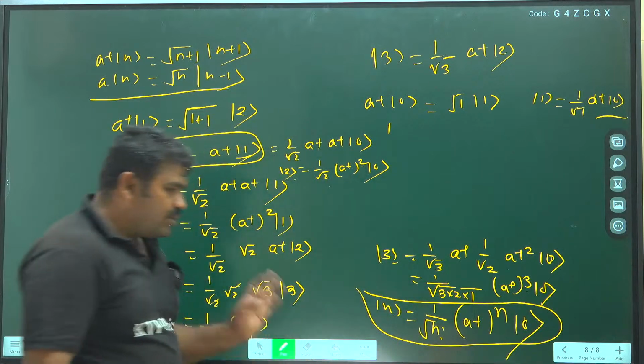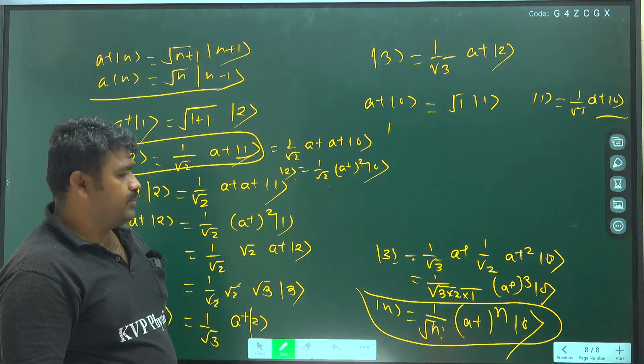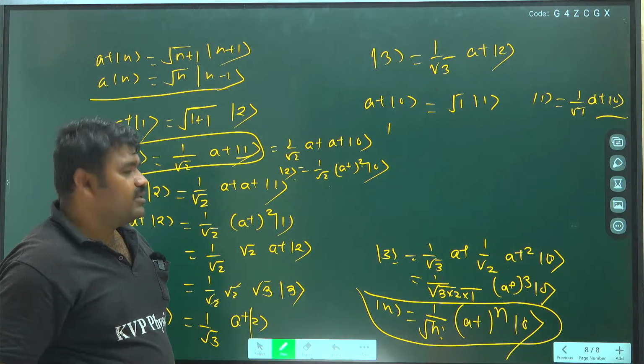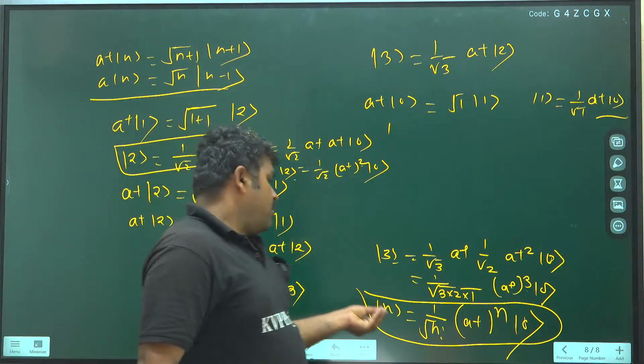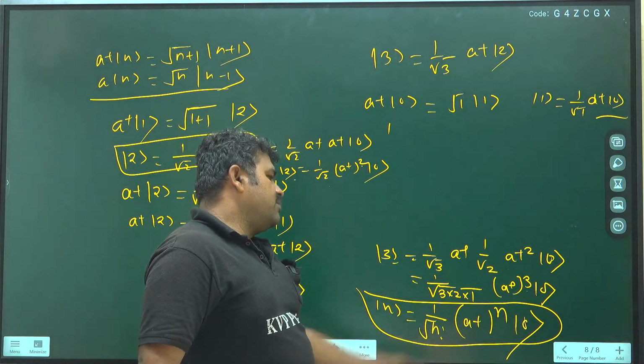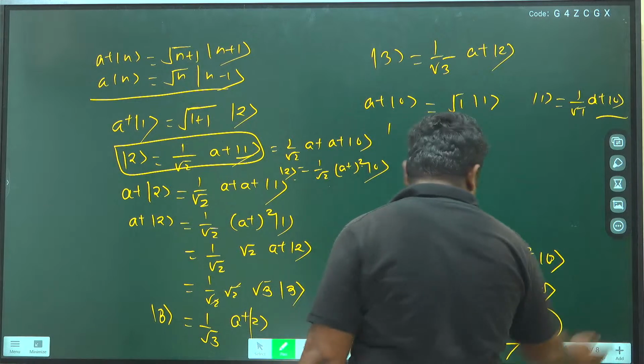Ket n is equal to 1/√n factorial a dagger raised to n ket 0. Okay, this is the general form. We can use any term. If we write 5, then this can be written as 1/√5 factorial a dagger raised to 5 ket 0. Clear? Sometimes they can ask direct questions on this.